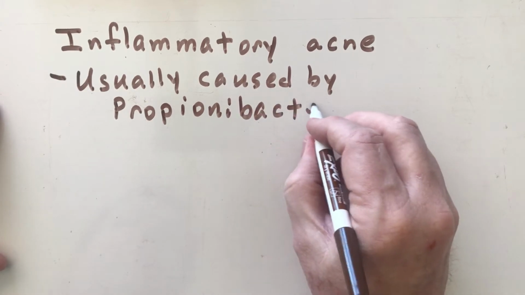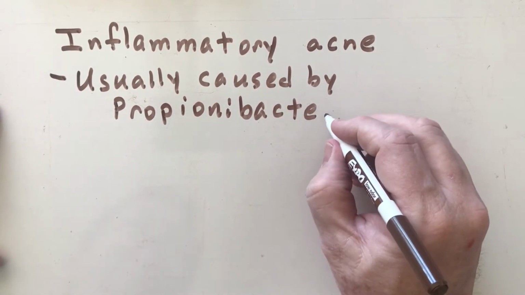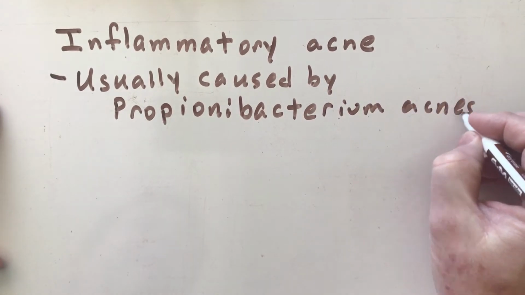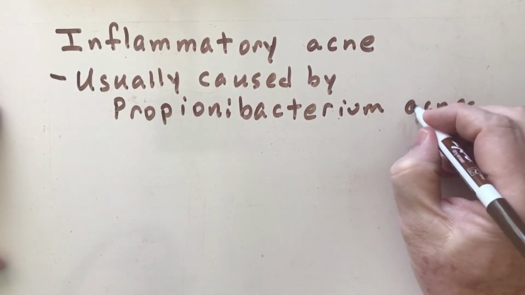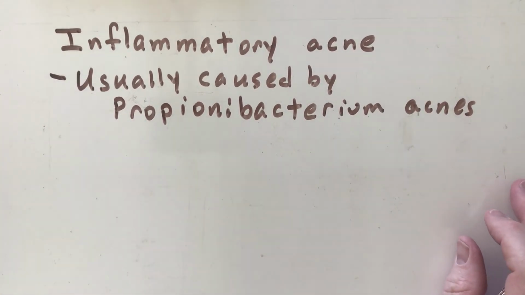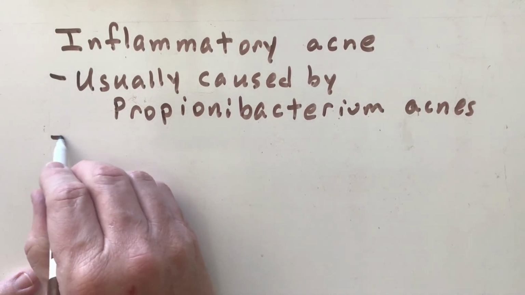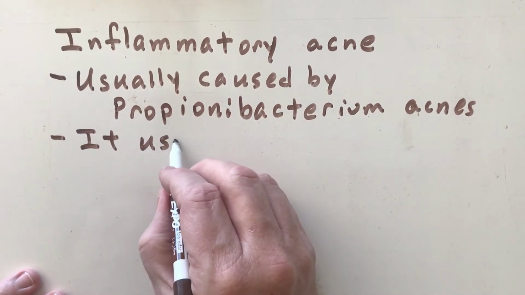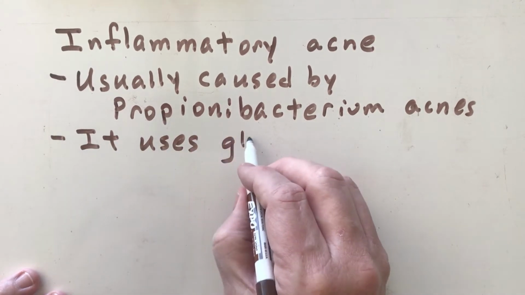This is the name of the bacteria. Okay, Propionibacterium acnes is the name of the bacteria. So that's what this is going to usually be caused by. And what this does is it uses glycerol for nutrition.